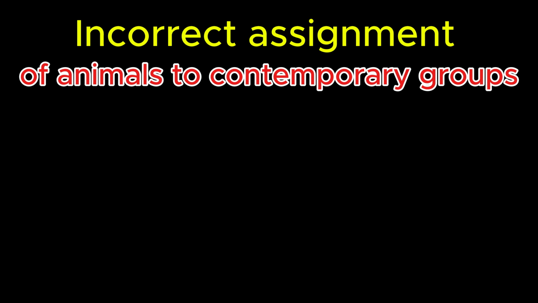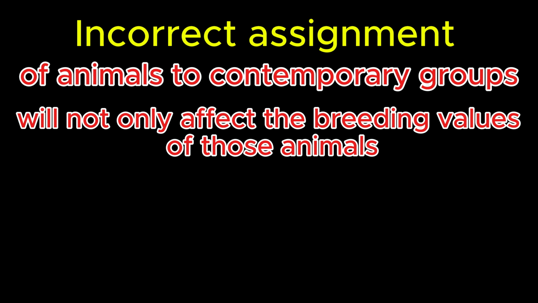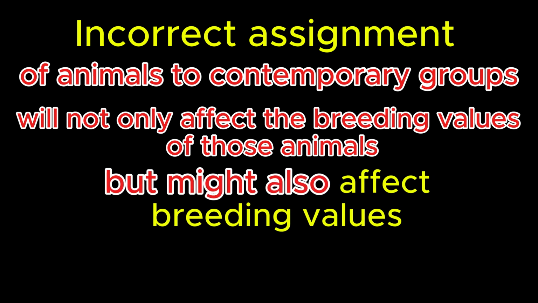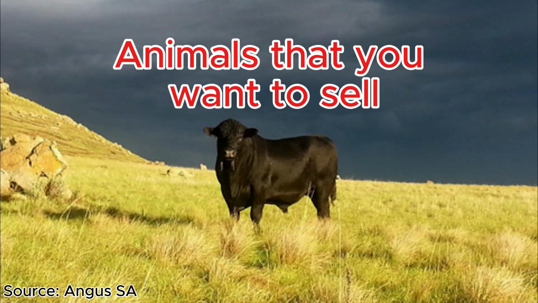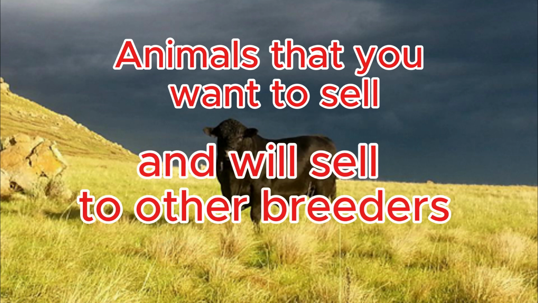Incorrect assignment of animals to contemporary groups will not only affect the breeding values of those animals, but might also affect the breeding values of the other animals in your herd, those animals that you might want to sell and will sell to other breeders.